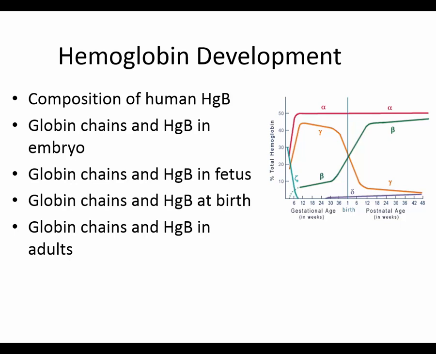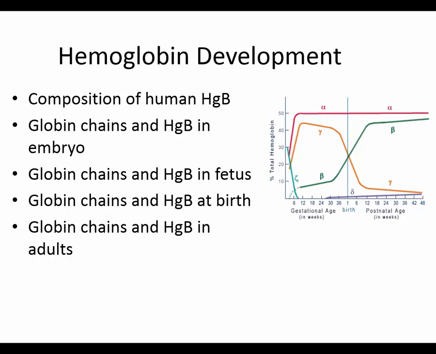Hemoglobin F. What does F stand for? Fetal. Okay? This one is going to be 2 alpha and 2 gamma, but it's hemoglobin F. So be aware of those things, because I can see some of you get confused when we are discussing them.